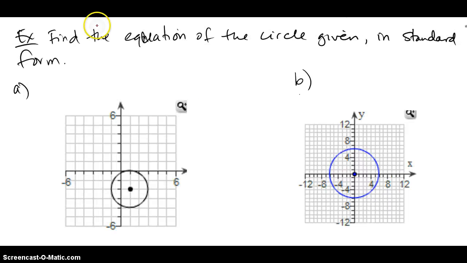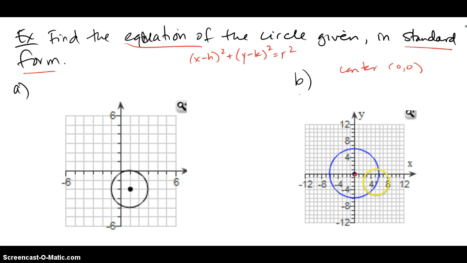Next example says find the equation of the circle in standard form. By looking at these two, we know standard form requires us to find the center and the radius, and then we're good to go. Let's look at part B because it's easier. We know the center is at (0, 0). And then the radius, we're going to count to see how many steps and how far we go.